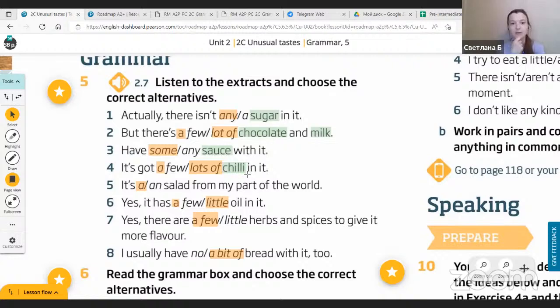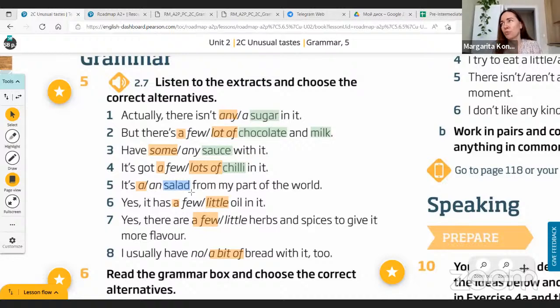Yes. Uncountable. Salad. Salad is actually countable. Here it is countable. Salad can be both countable and uncountable.